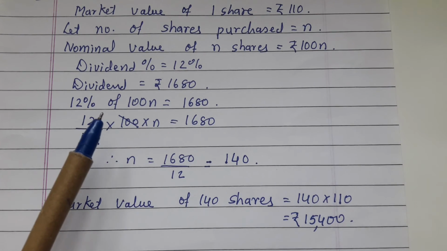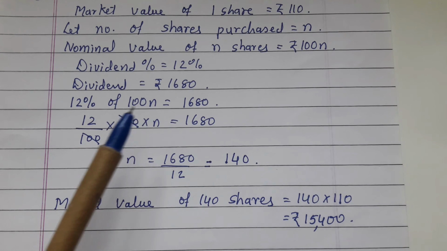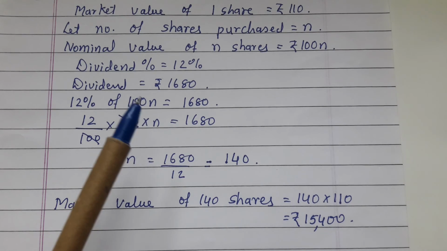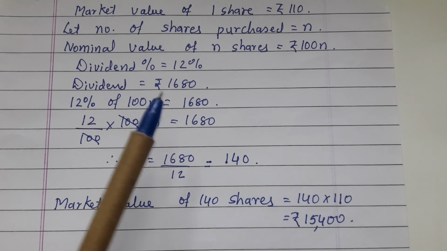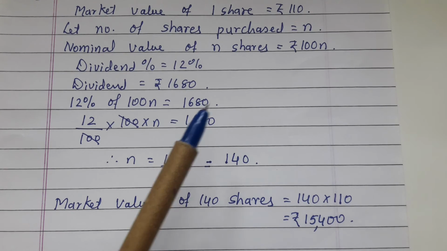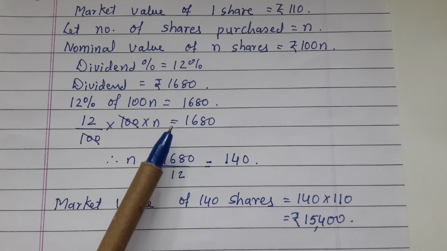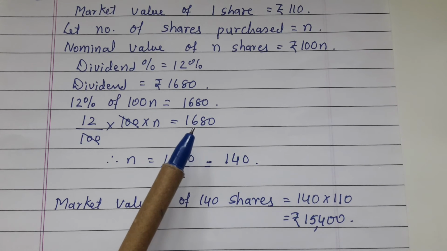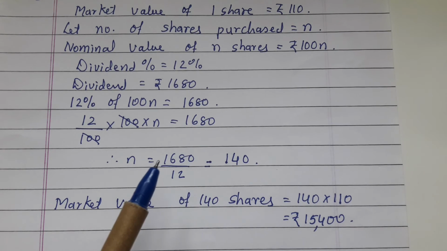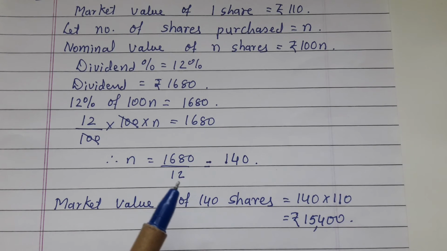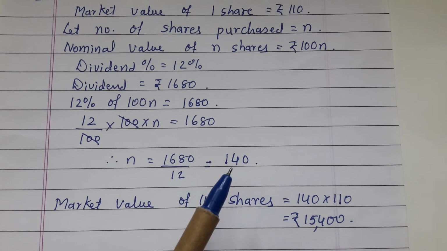So 12% of 100n is equal to 1,680. 12 upon 100 into 100n equals 1680. n is equal to 1680 upon 12. That is 140 shares. Number of shares 140.